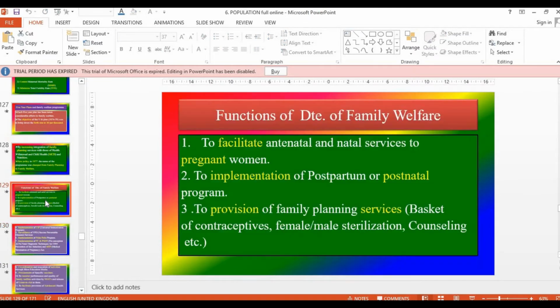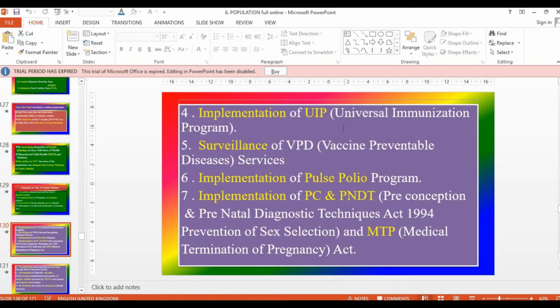Fourth function is implementation of UIP, Universal Immunization Program.